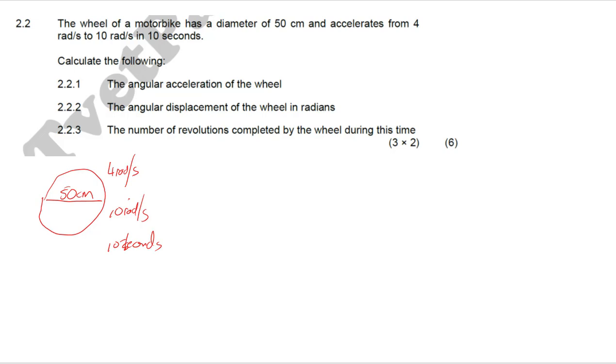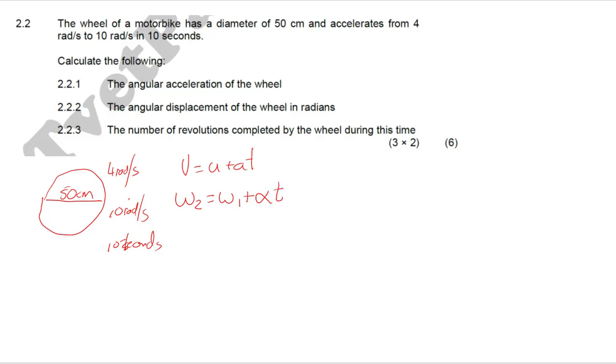Now, the first one is to calculate the angular acceleration of the wheel. So we know in linear motion, v is equal to u plus at: final velocity, initial velocity, acceleration, and time. If I write it for angular, it would be omega 2 is equal to omega 1 plus angular acceleration multiplied with time.